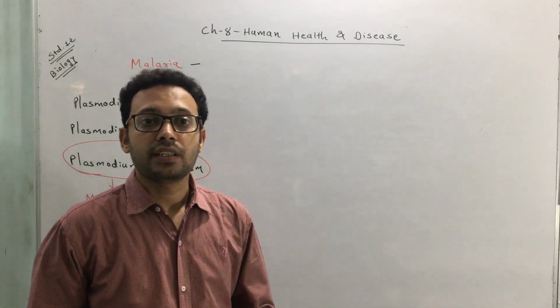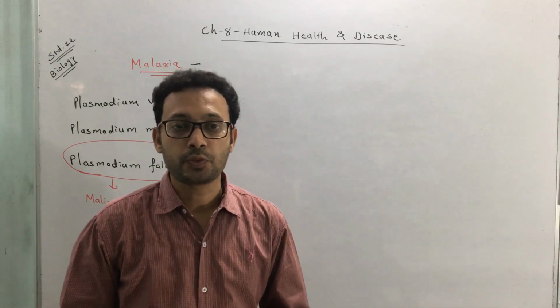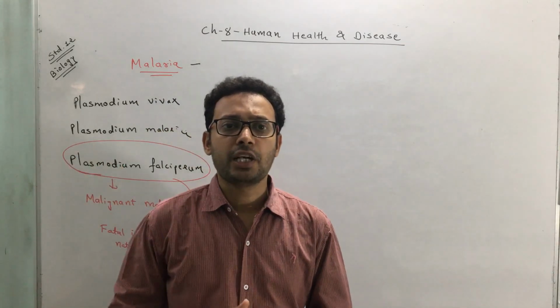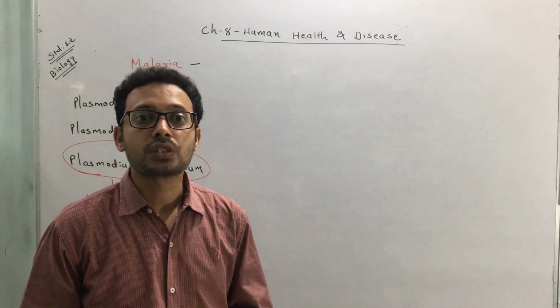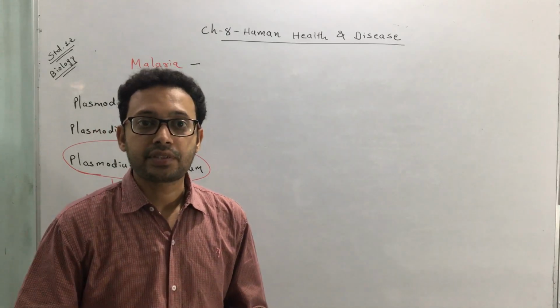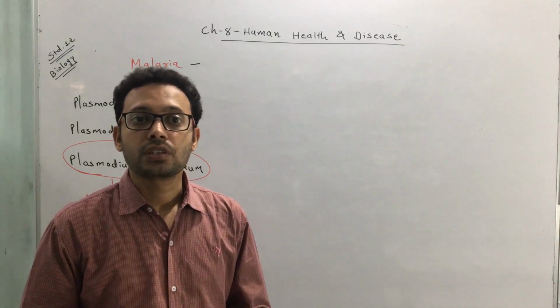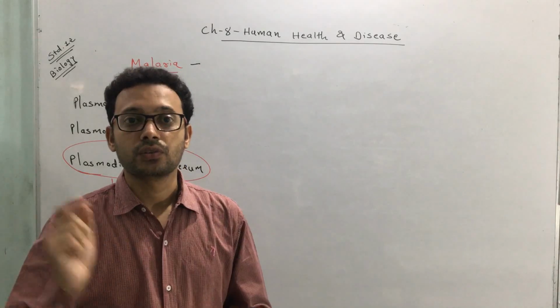Now we have to see the life cycle of this parasite, how it occurs and how it is going to be spread. Plasmodium is a parasite, so it needs a host. It completes its life cycle in a host, and one host and carrier is the Anopheles mosquito.